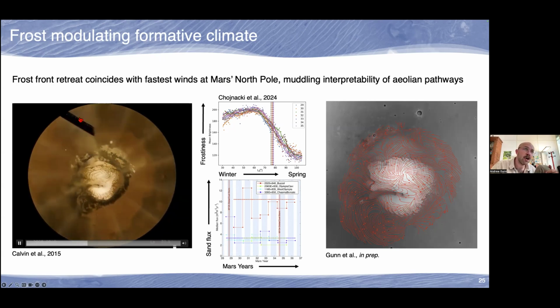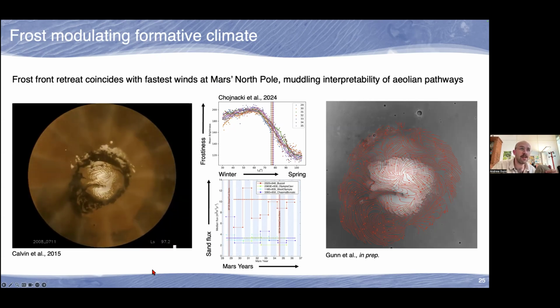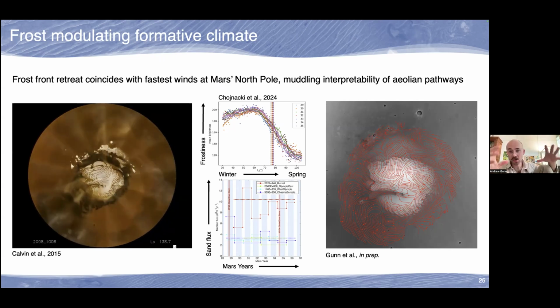And we see the lofting of a bunch of amazing dust storms as well, which you can see there too. And it's because the fastest winds generally seem to coincide, at a given latitude, with when the frost front retreats back.